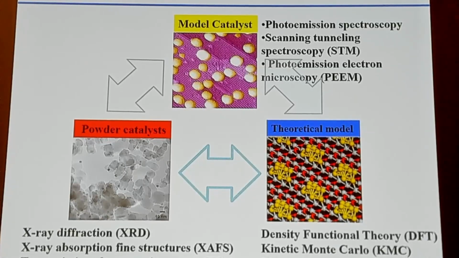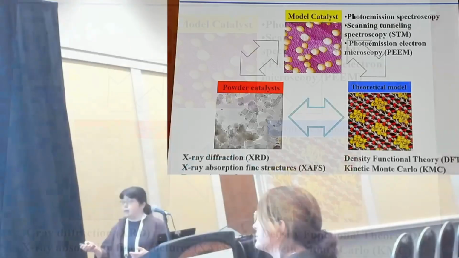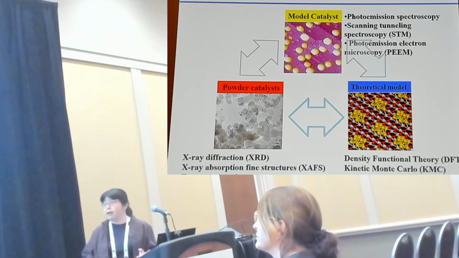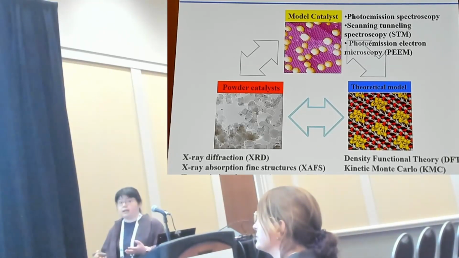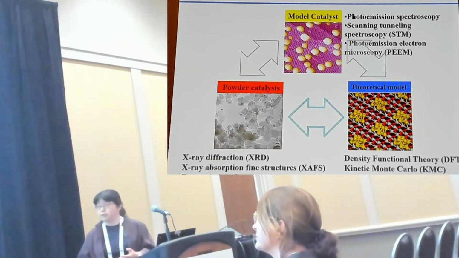Another benefit of using model catalysts is that it can involve theoretical modeling in more meaningful ways. Theory can nail down to the molecular level, looking at what the active site is and how the active site behaves under reaction conditions.